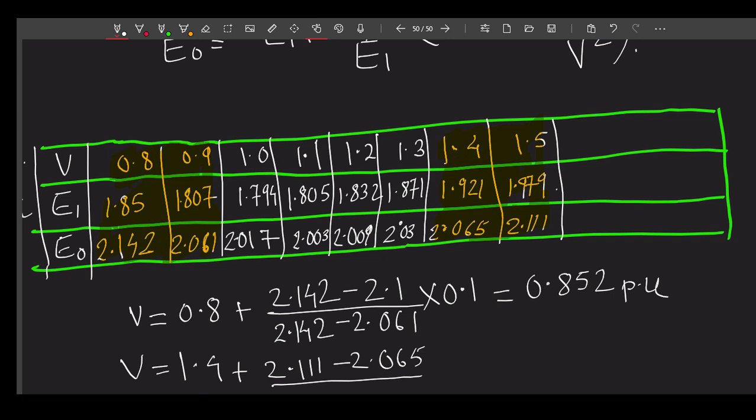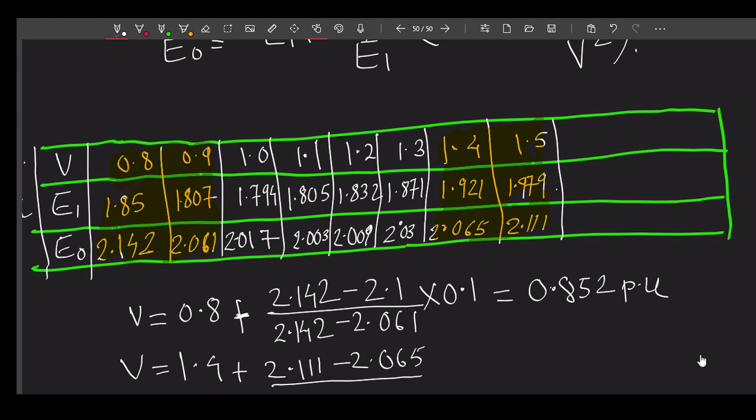Oh, well, just a minute. The slope here must be negative. So this calculation, let me check. Okay, no, no, I was correct. There is no such problem because this range is falling in between.